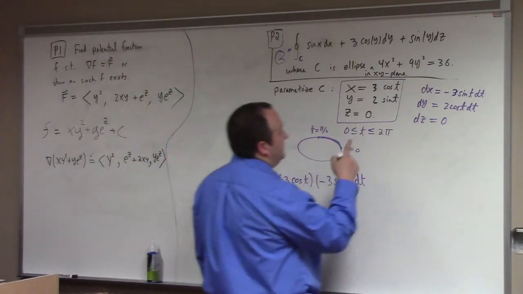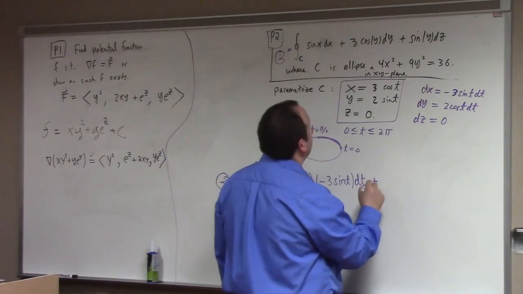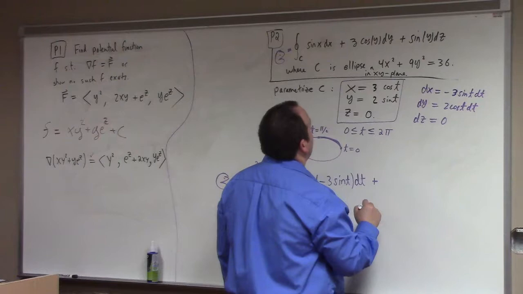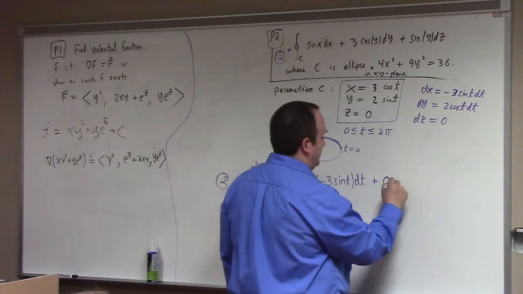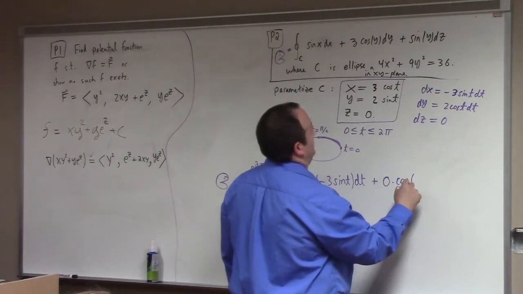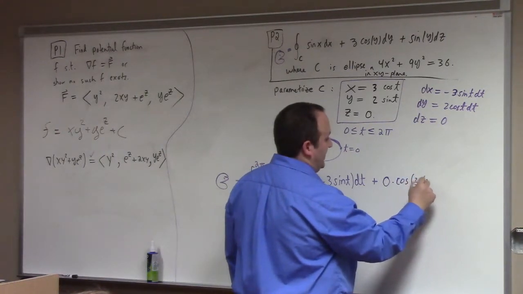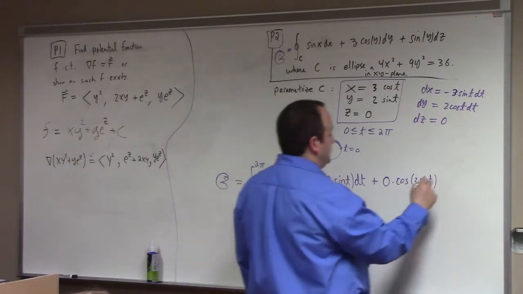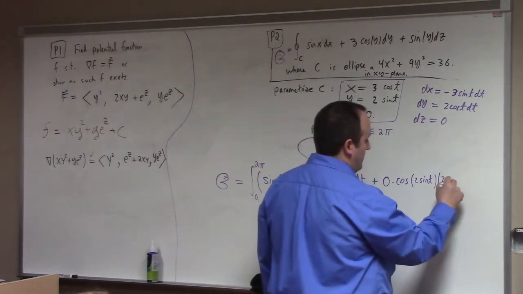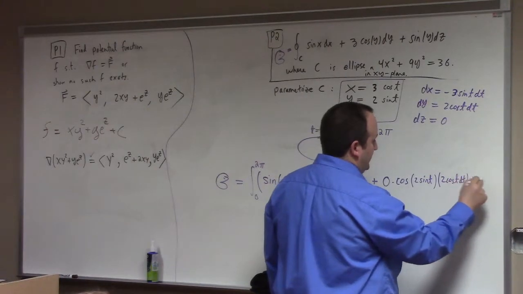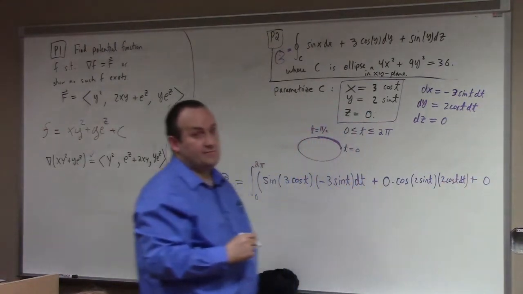And then the next term, what's z? Oh, awesome, 0. And then cosine, what's y? 2 sine t, actually doesn't really matter. What's the dy? 2 cosine t dt, and then another 0, because dz is 0.